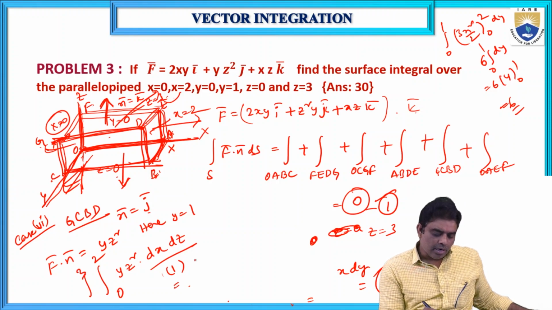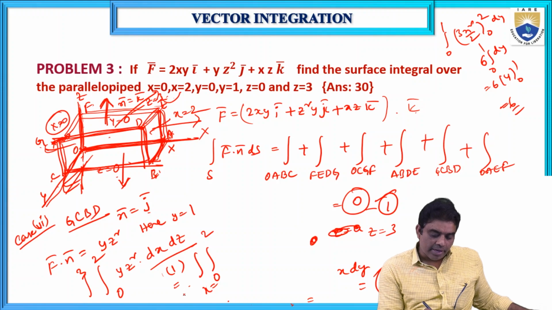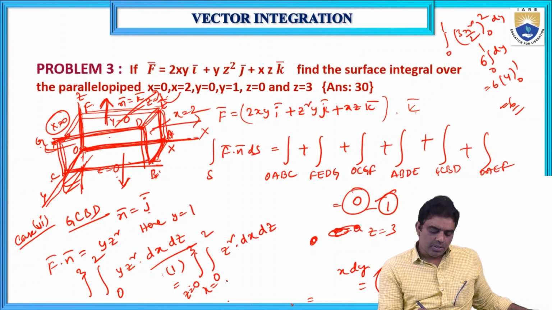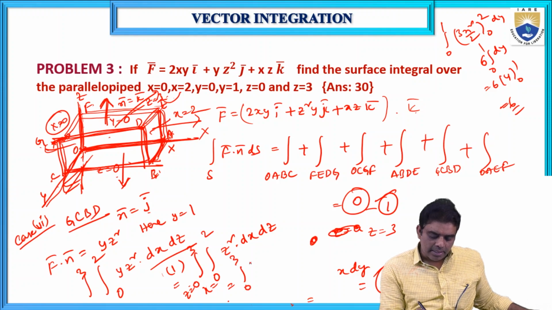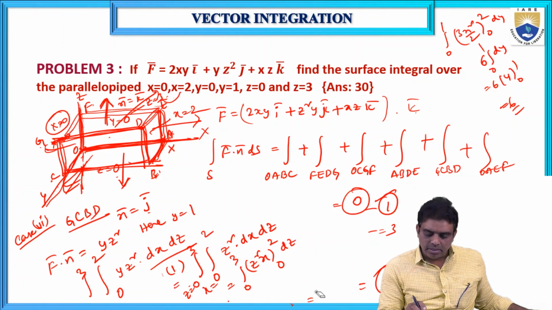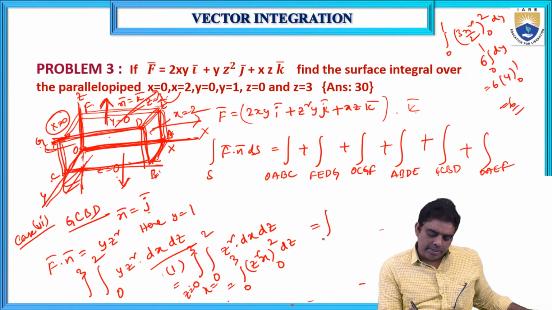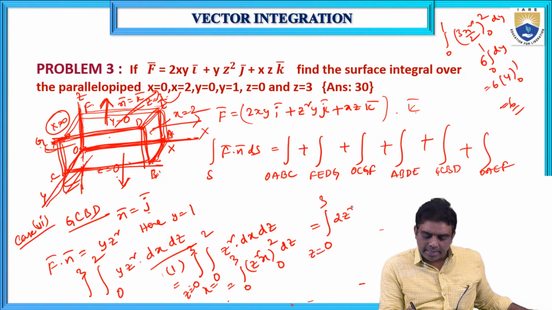On putting y equal to 1, it is the integral of z square dx dz, with x from 0 to 2 and z from 0 to 3. Integrating first with respect to x, it is 2 z square dz.